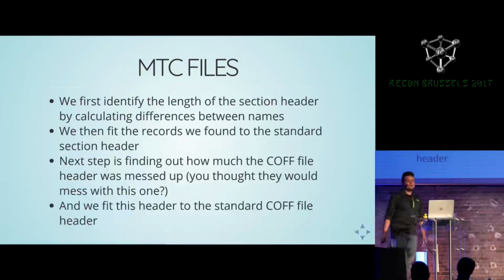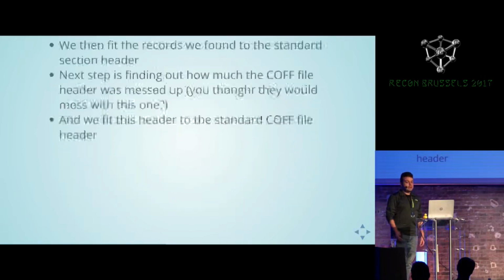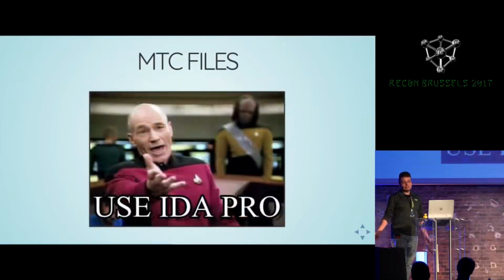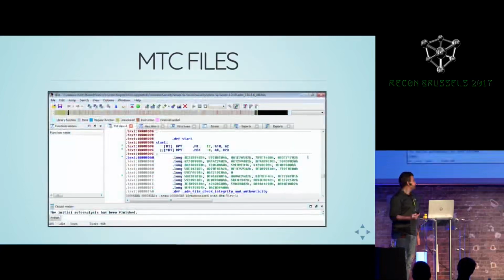The next step is to do exactly the same thing, but for the COFF file header. And finally, we've got a COFF file. So now what? Of course, use IDA. And IDA supports this architecture. We open the file, and we get this thing. Of course, this is not assembly code.